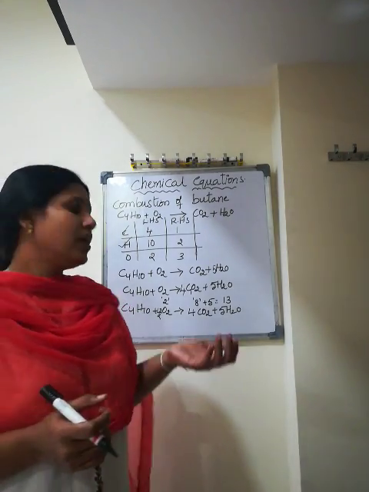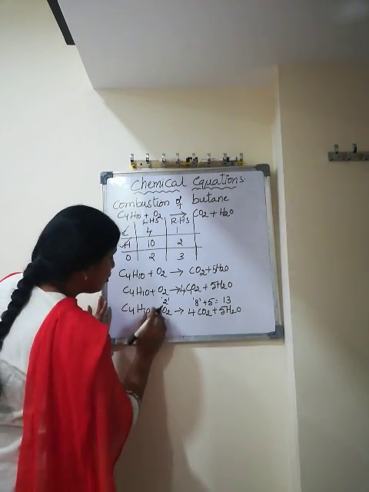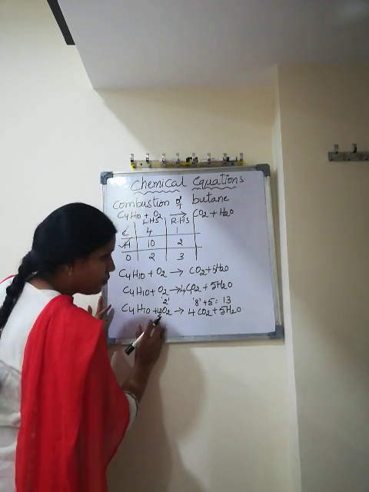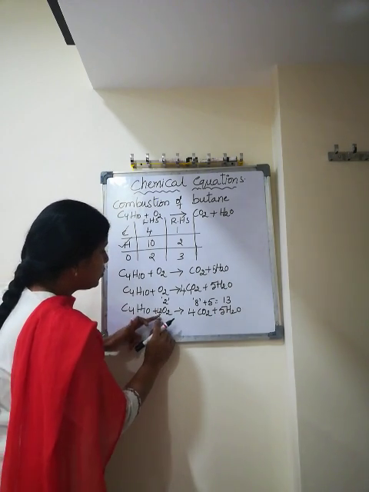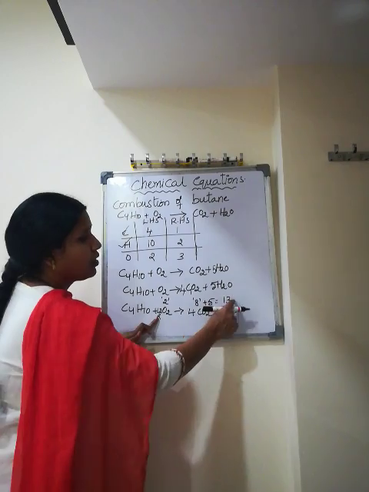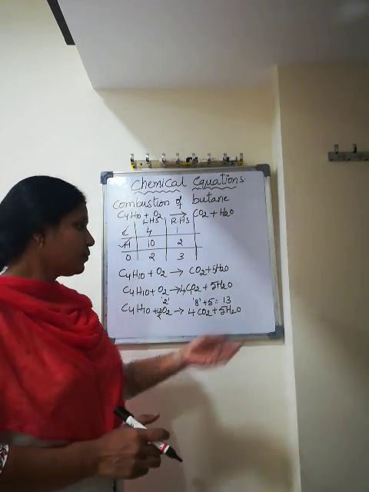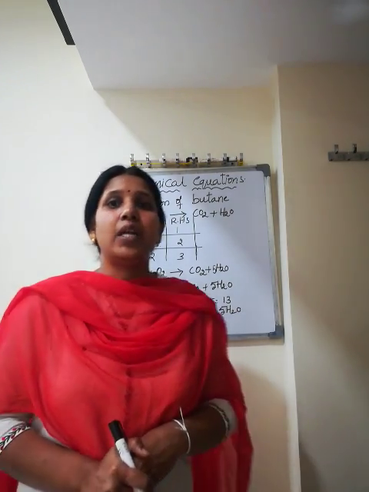To balance that, you have to introduce 13 by 2 here, that is 6.5. 6.5 into 2 is equal to 13. Clear, children? If you keep 13 by 2 here, 6.5 into 2 means you get 13 oxygen atoms. Now all the atoms are balanced.